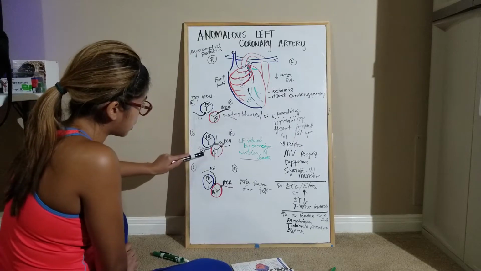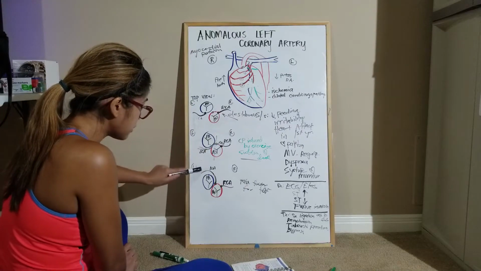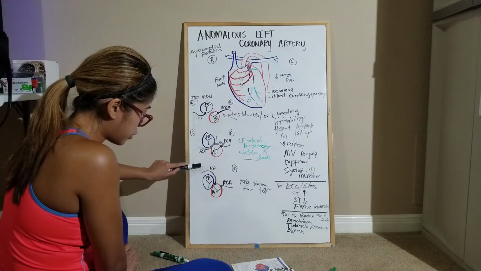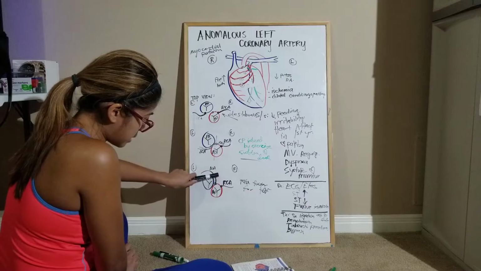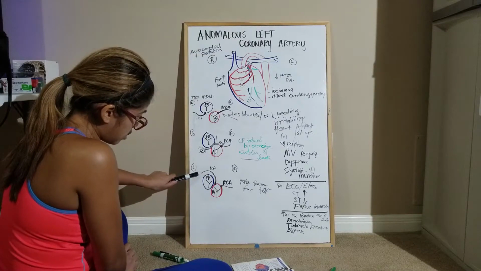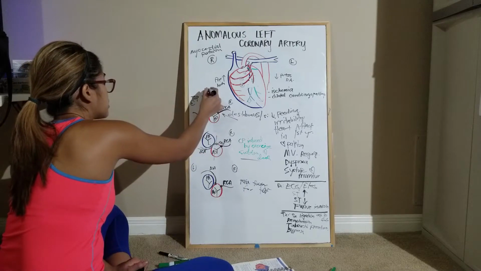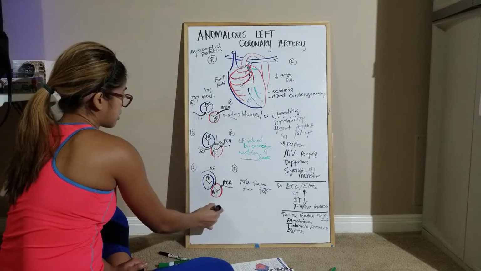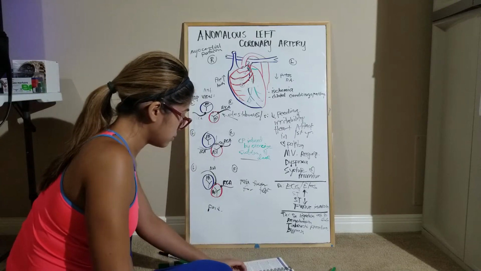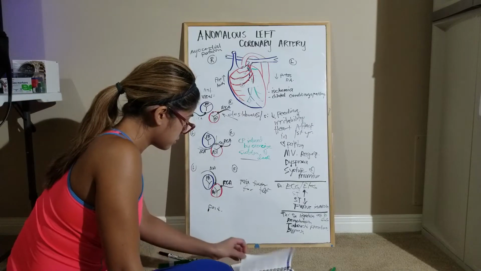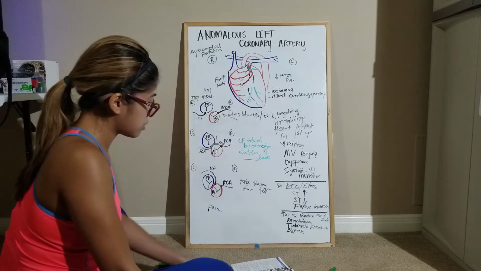So, like we said, it could be constricted and compressed. On the third picture, the left coronary artery arises from the right aortic sinus and passes anterior to the pulmonary artery. So this is the anterior part, and this is the posterior part. Yeah, that's it.